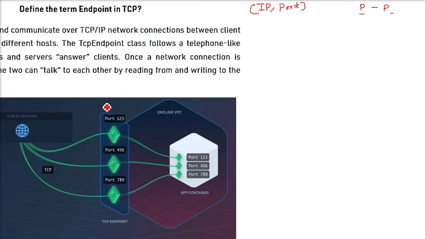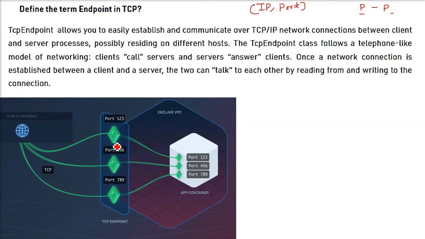So let us see this endpoint which you see in this picture. A TCP endpoint allows you to easily establish communication over a TCP/IP network connection between the client and the server processes, and these are residing on different hosts, different computers. That is very important. This TCP endpoint class follows a telephone-like model of networking.